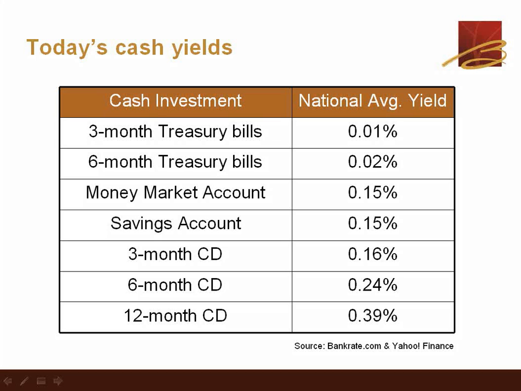All traditional cash equivalents yield either nothing, in the case of 3-month or 6-month treasury bills, which yield 1 to 2 basis points, or next to nothing, in the case of money markets and savings accounts, which have an overnight national average of 15 basis points, or CDs, which you're supposed to be paid a premium for locking up your money for a period of time, but that certainly isn't much of a premium, with 3-month CDs paying 16 basis points, 6-month CDs paying 24 basis points, and 1-year CDs paying 39 basis points.